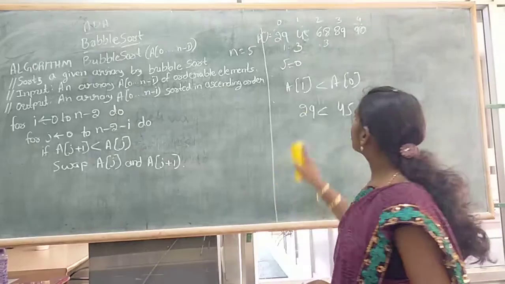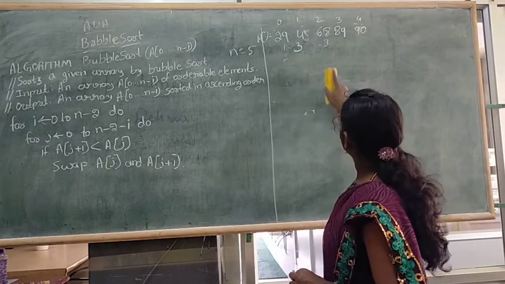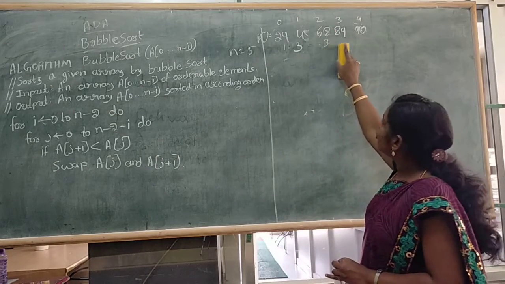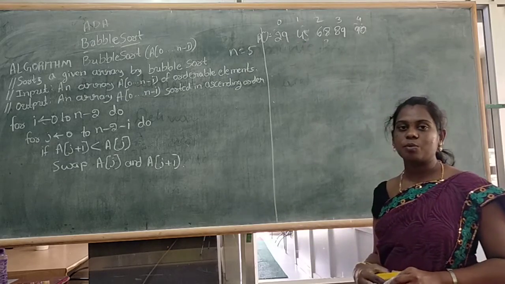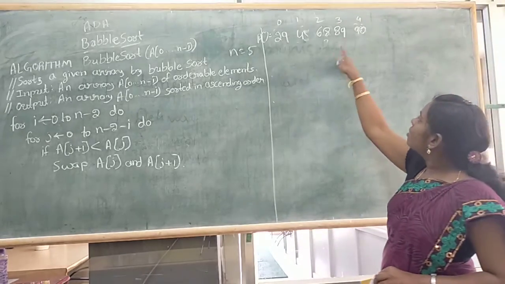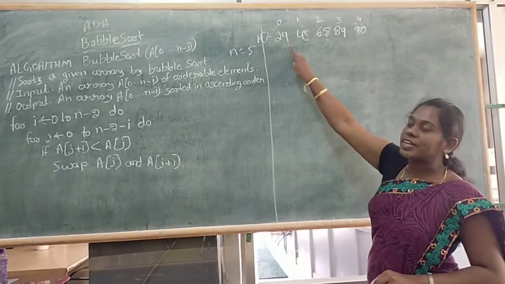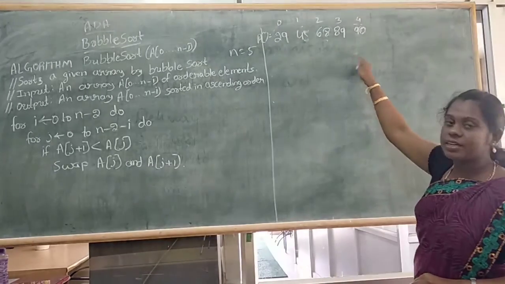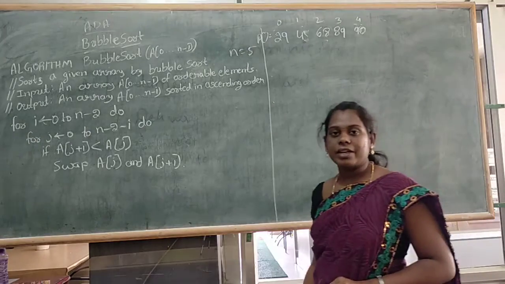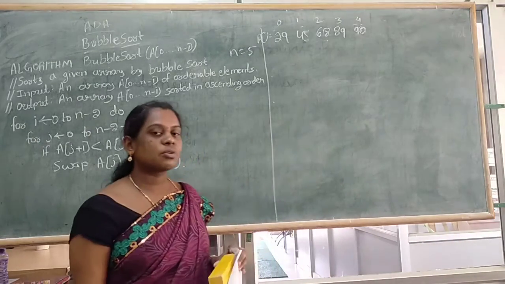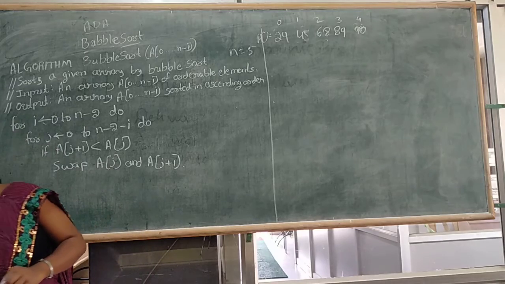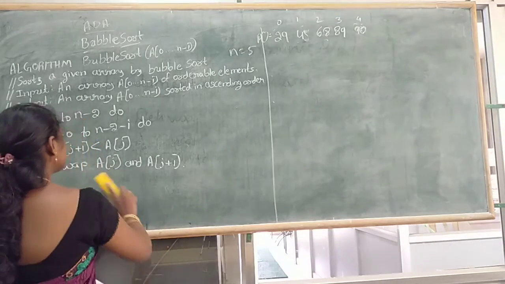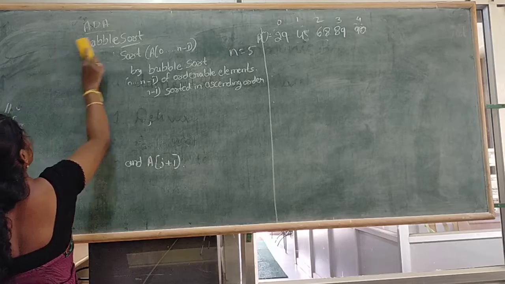Okay. So after up to 3 only, this is about the bubble sort algorithm. Understood? Okay. So next we will see the divide and conquer concept.